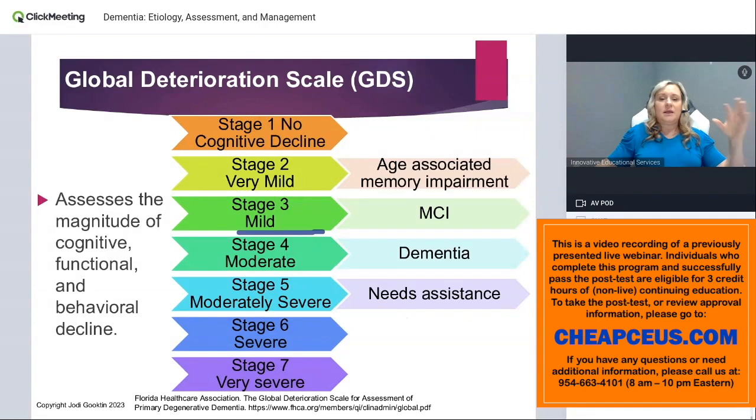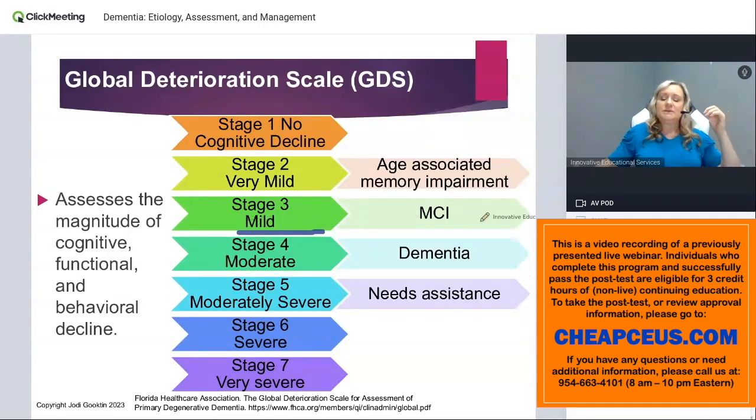What I want to highlight as you work through this tool is bear in mind that the research shows that about 50% of the individuals in stage three are going to have some type of psychiatric symptom associated with it.